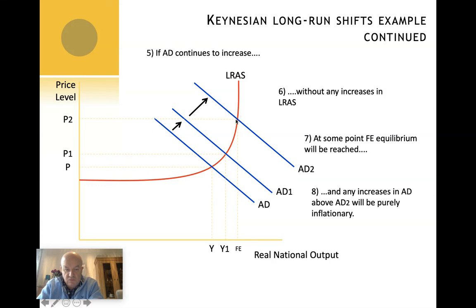We can't produce any more. If you think about moving that AD curve even further, that's going to significantly increase the price level, isn't it? Because we can't produce any more in this moment, and if more people want to buy, all that's going to do is increase the price.